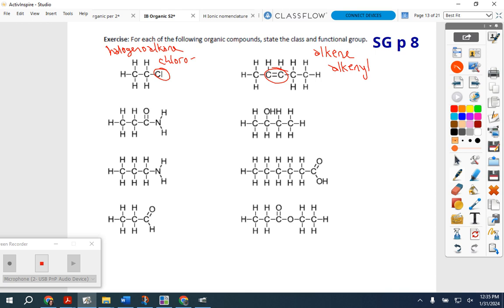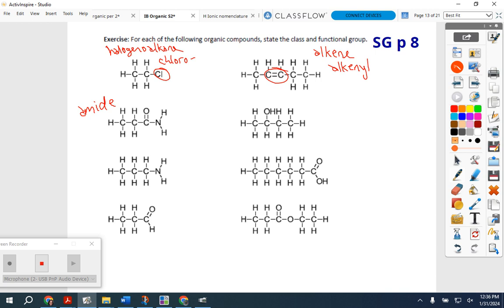Winnie, what is this one here? Sorry, it's hard to hear it, and there's a difference between the two. Amine group? I'm gonna have to ask you to take another look at that. It's an amide because the functional group, you're right that there's an amino group here, but there's also a carbonyl group.